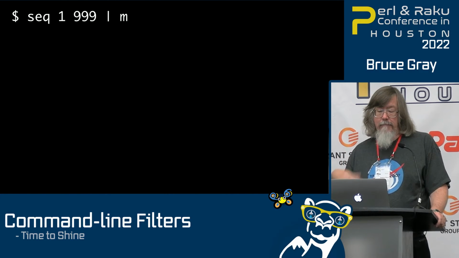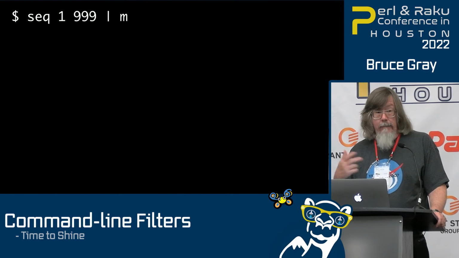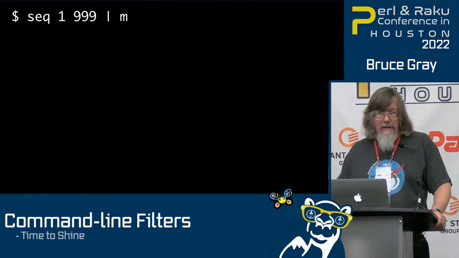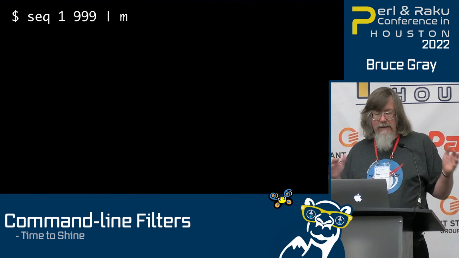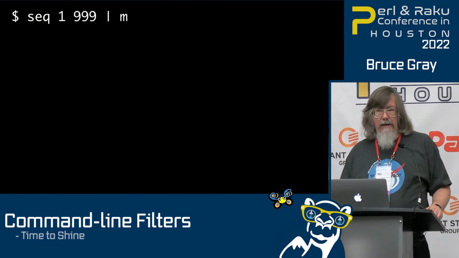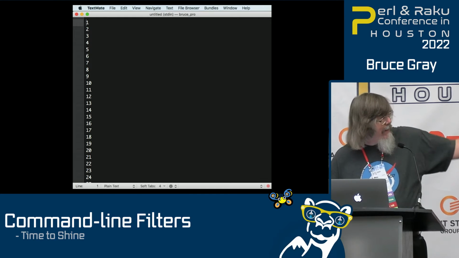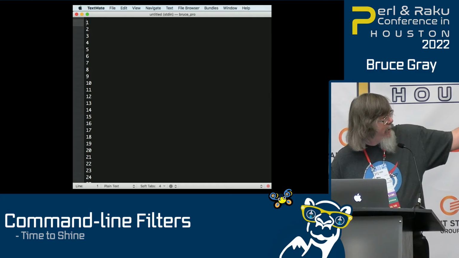If I pipe to that, it pops up in my editor. I abbreviated that to M. I really should have used E, so I could be using the same letter on every system that I work on. But now M is in my fingers. If you're going to do this, maybe E for just edit. So that's the output sequence of 1 to 999 popped up in my editor.